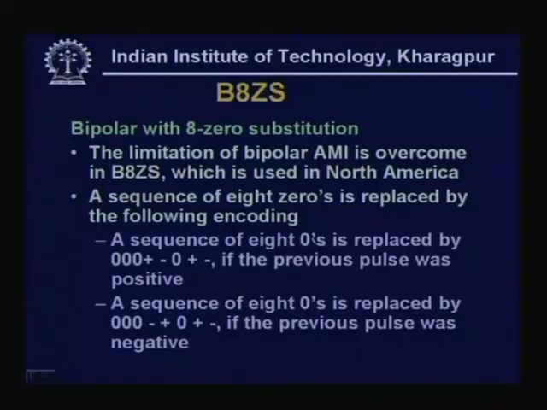What is done in this particular case is that whenever you have a sequence of 8 zeros, it is replaced by the following encoding: 0 0 0 plus minus 0 minus plus if the previous pulse was positive.